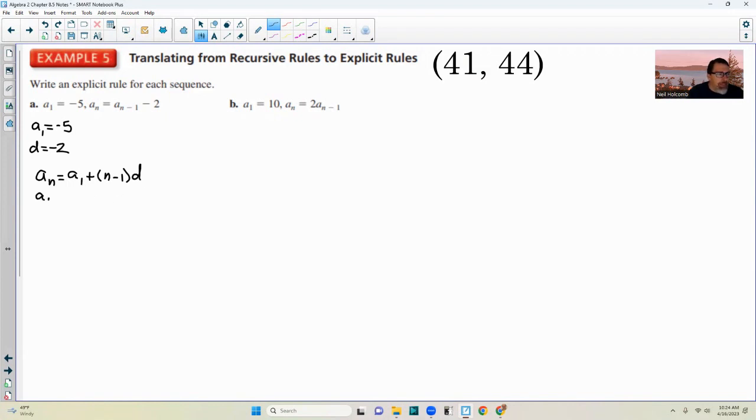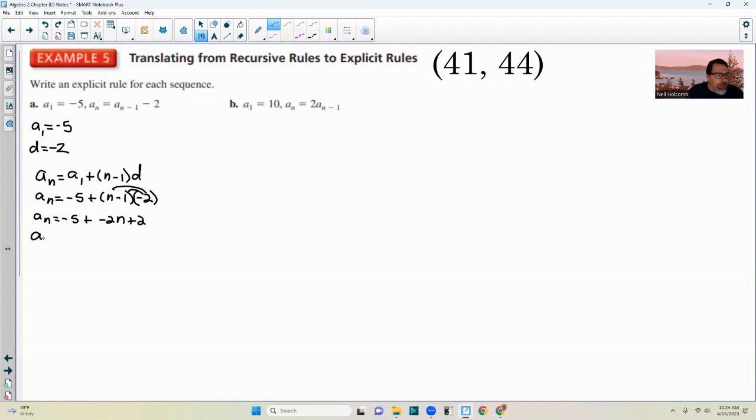And we write a sub n equals, and then we just substitute in. Well, it's -5 plus n minus 1 times -2. Okay, and then I'm going to distribute that. So a sub n is going to equal -5 plus -2n plus 2. When I distribute here, I get -2n plus 2.